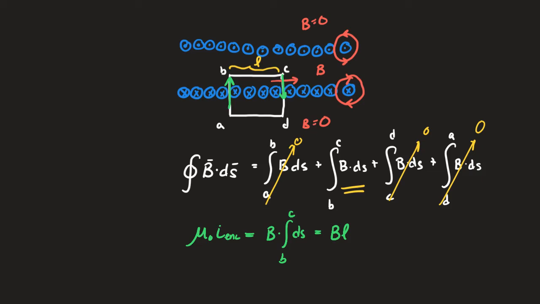I am going to assume that there were N number of wires that were encircled by my Amperian loop. I'd put that in your notes, that I'm not picking a finite number. I'm choosing a capital N to represent the number of wires that are actually encircled in the loop.